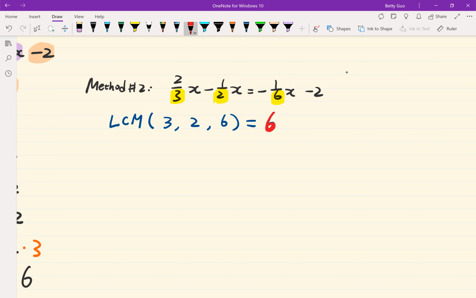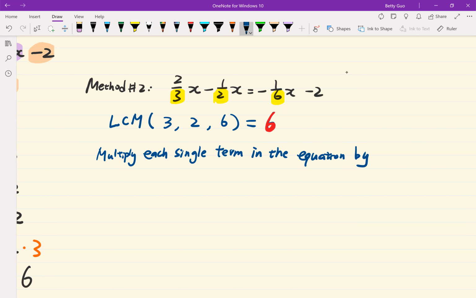This is how. You are going to multiply each single term in the equation by the least common multiple you just found. Let me write it down. You are going to multiply each single term in the equation by the LCM you just found.